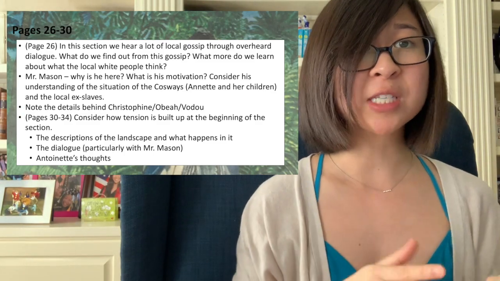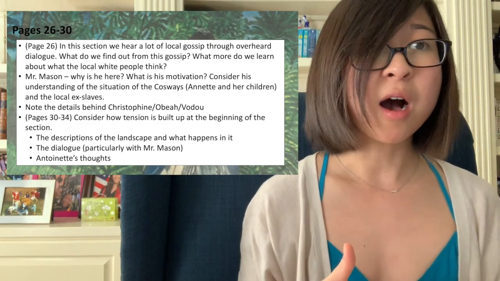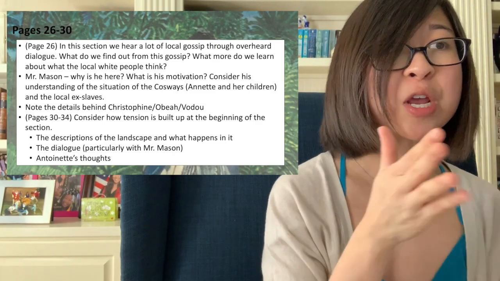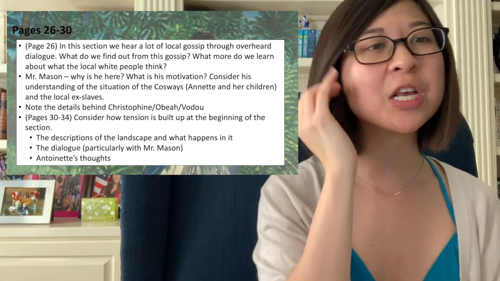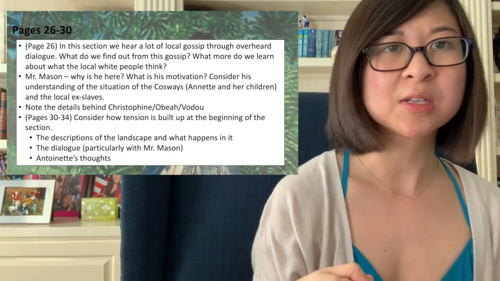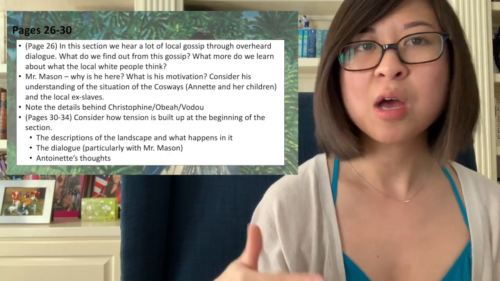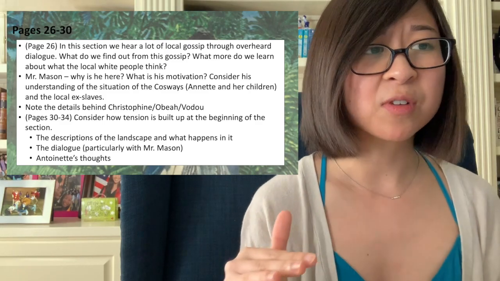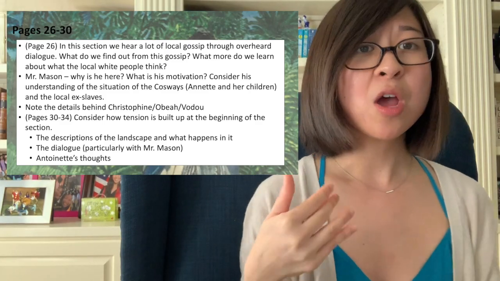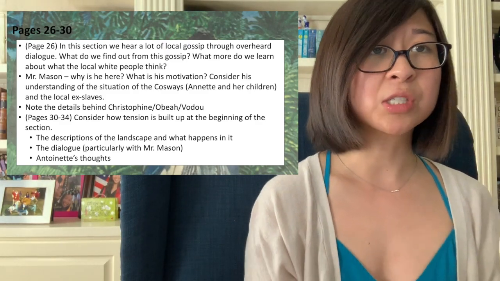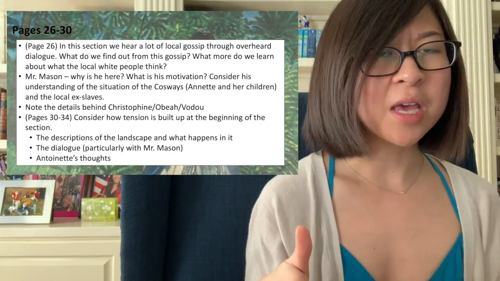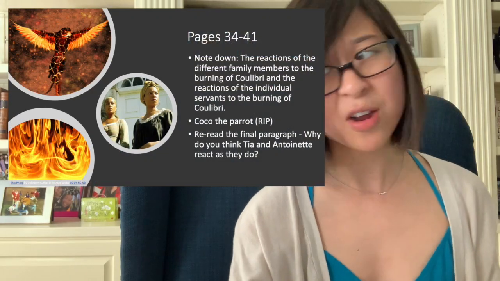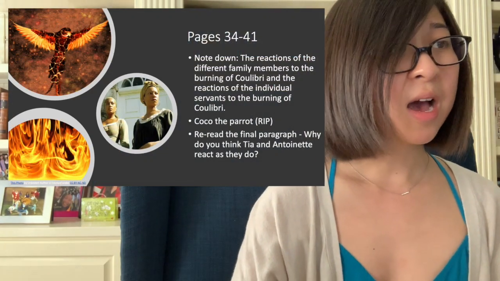And also, of course, Antoinette's thoughts and her actions on page 33 to 34 in terms of how she waits for Christophine, who never shows up, which is a suspenseful moment. Also, Antoinette's thoughts about the stick that she wanted to have, and how she thinks she hears things, and all of that builds up to, of course, the fire, which is my next slide.